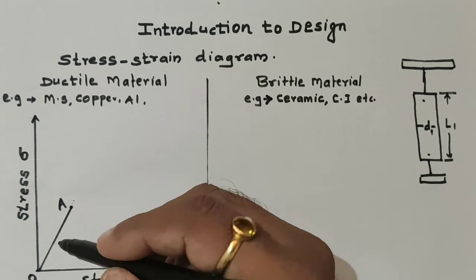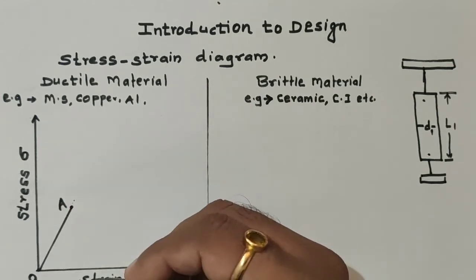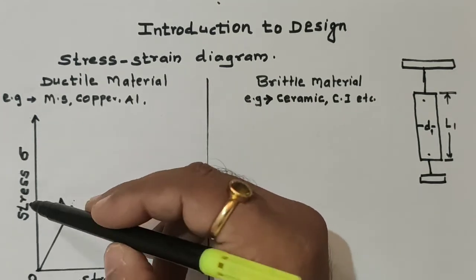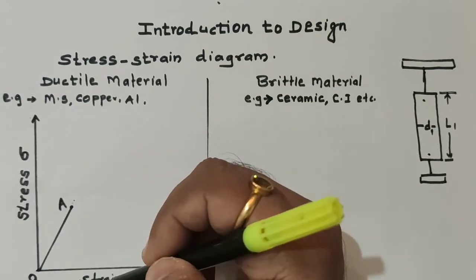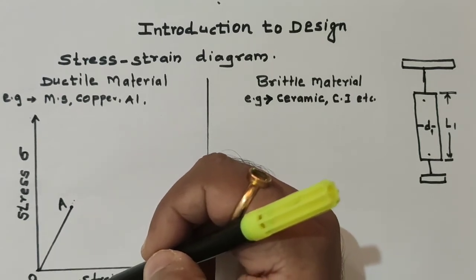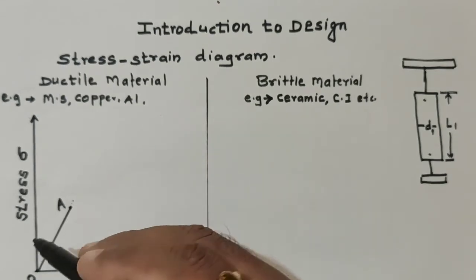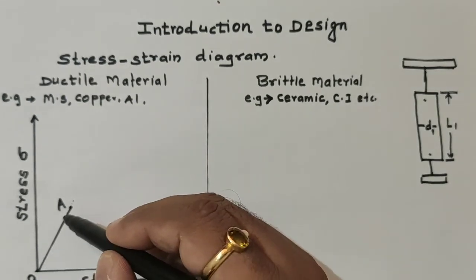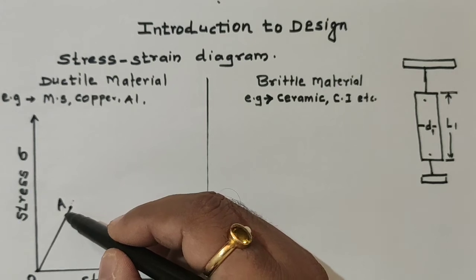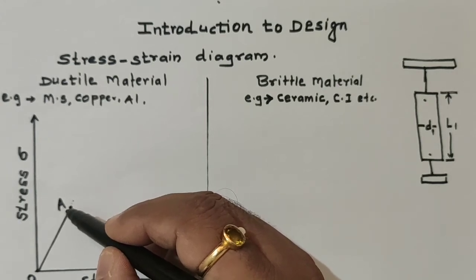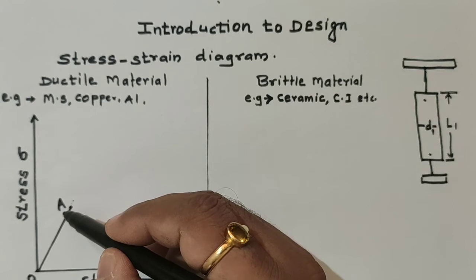That means it obeys Hooke's law. What does Hooke's law say? The stress is directly proportional to strain within the elastic limit. This is Hooke's law. So this point A is known as the proportional limit.